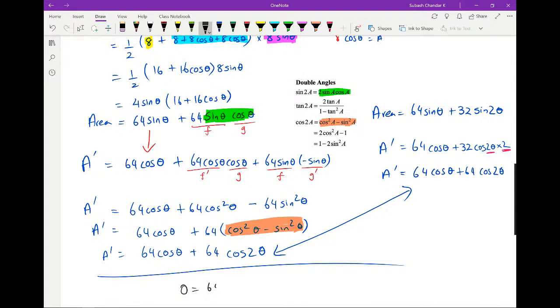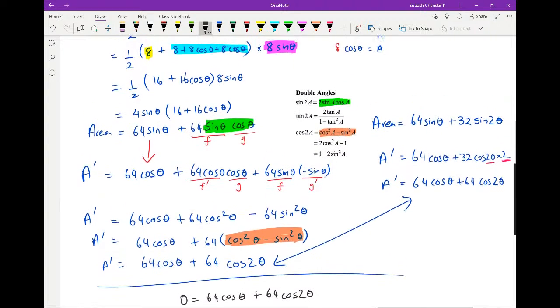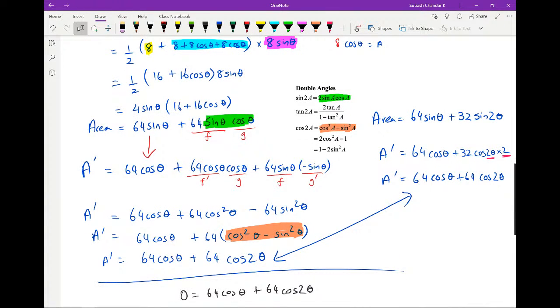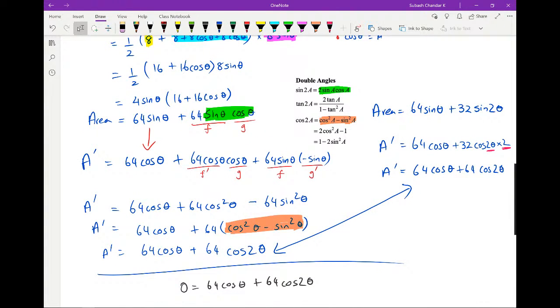So 0 is equal to 64 cos theta plus 64 cos 2 theta. You've got to be kidding me. There's no other way to do this apart from this one method.